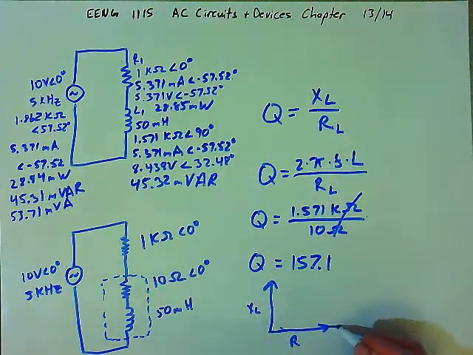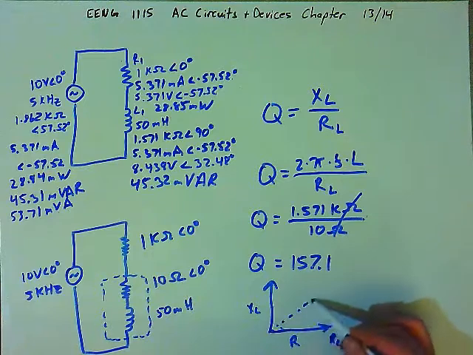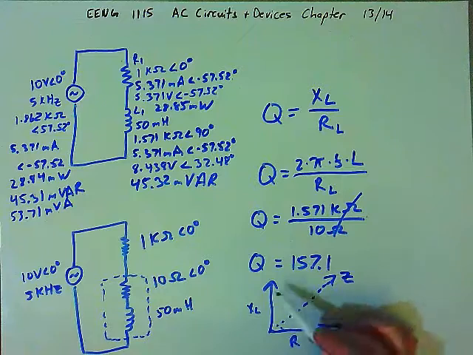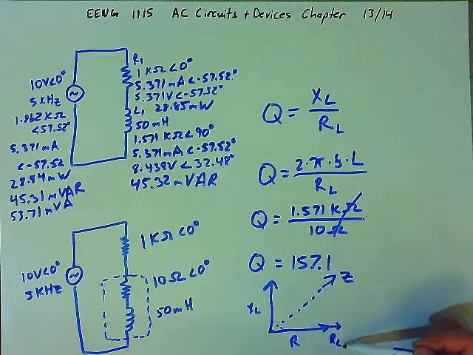And then we also have the resistance of the inductor, which is relatively small, right? We want it to be relatively small. And so the total impedance, Z, the resultant of these three vectors, is going to account for R sub L.